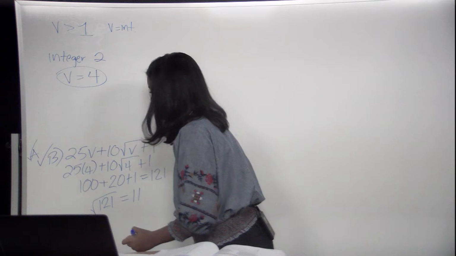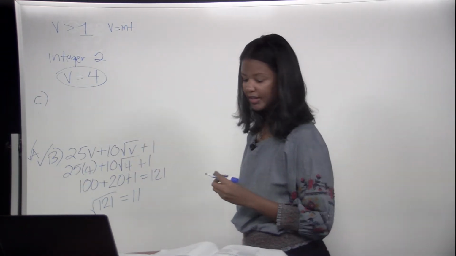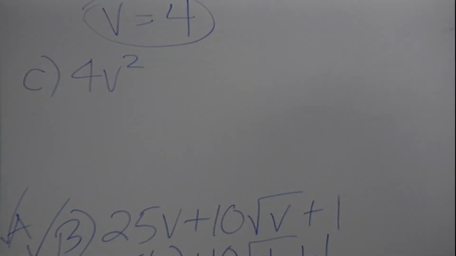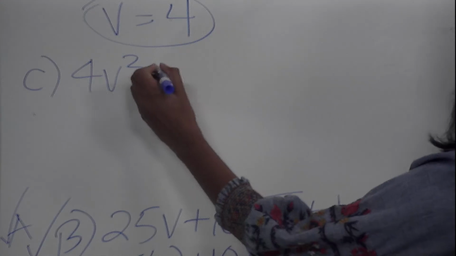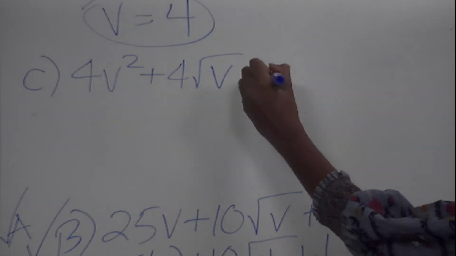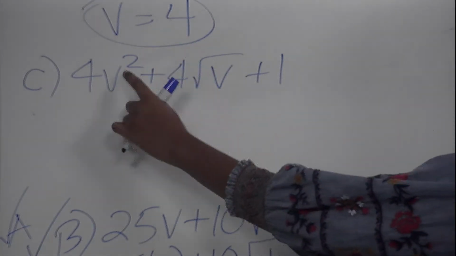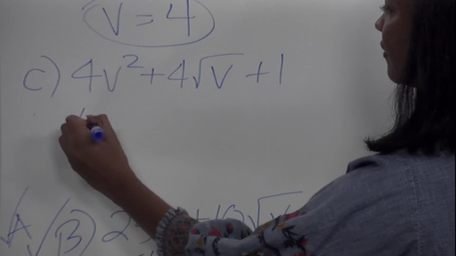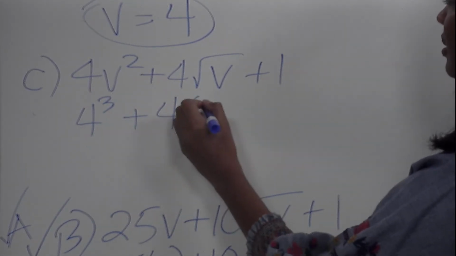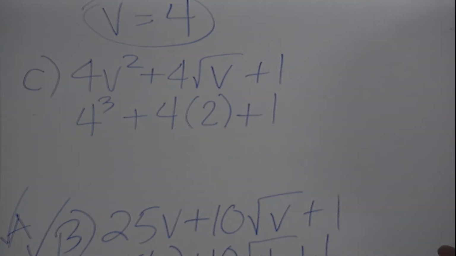Okay, so now we're on choice C, which says 4v squared plus 4 square root of v plus 1. Again, our v is 4. So that's going to be 4 cubed plus 4 times 2, because the square root of 4 is 2, plus 1.